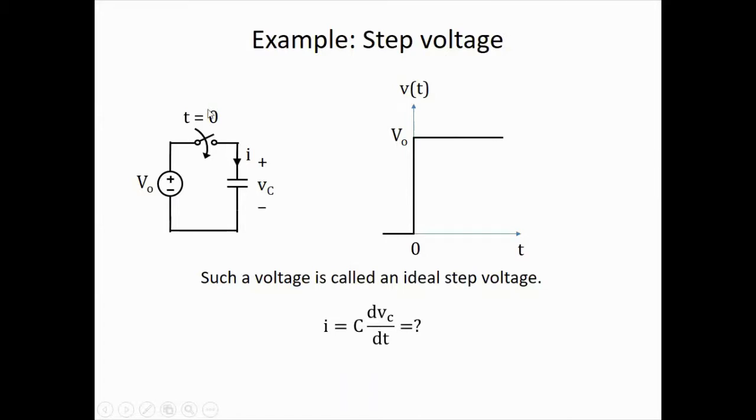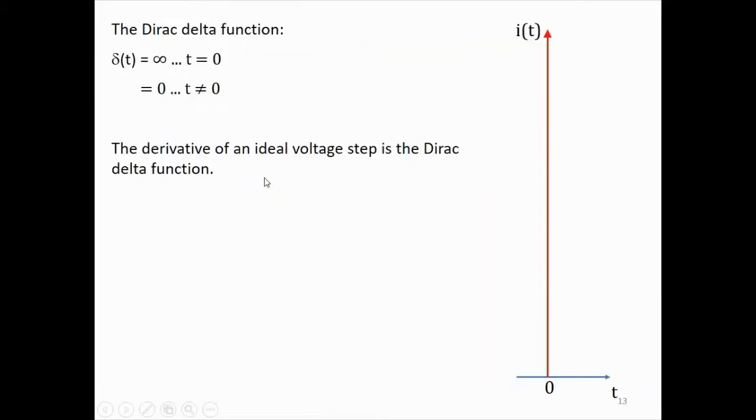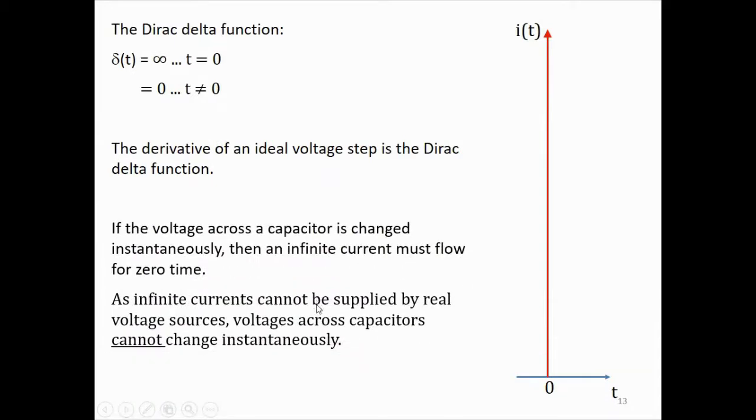So for example, here what will happen is, if we close the switch, then the internal resistance of the voltage source will kick in, and because of it, the current will not become infinite. So this is a statement that we will always keep in mind when dealing with capacitors, and as we'll see in a minute, also inductors. Capacitor voltages do not change instantaneously, especially when switches are opened or closed.